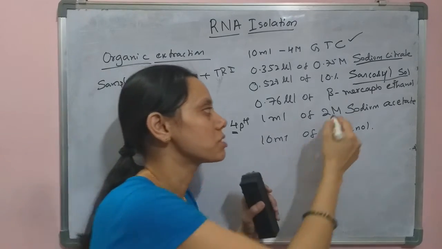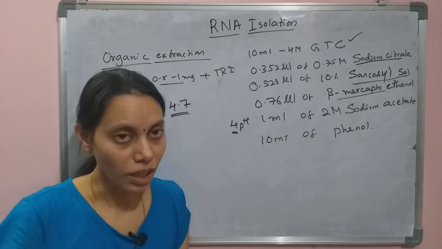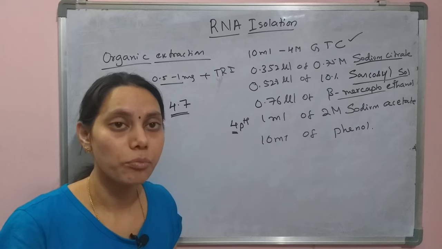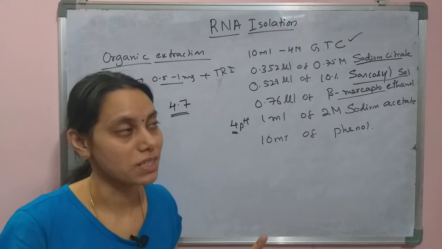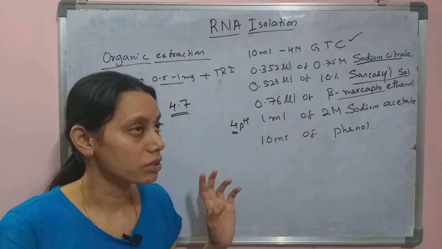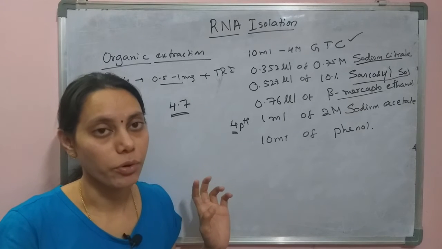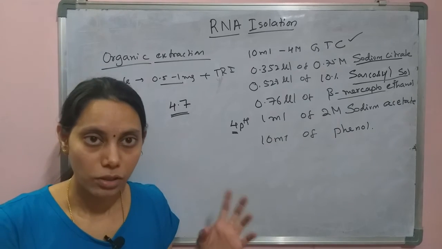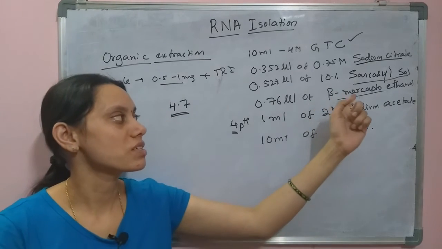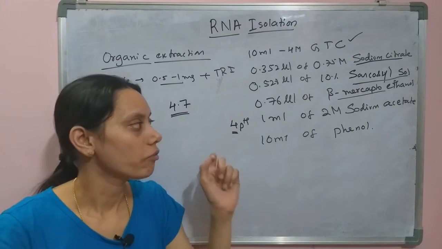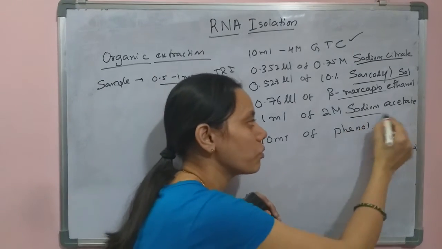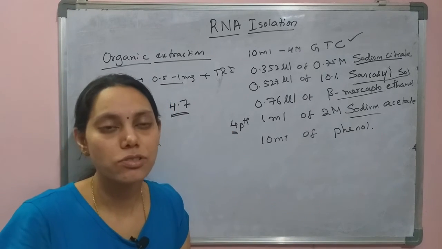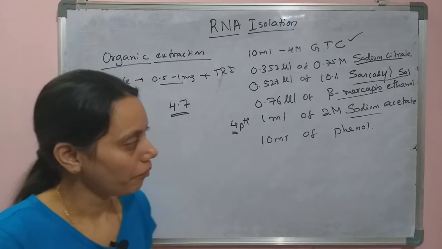And here we also use beta mercaptoethanol. As we all know, beta mercaptoethanol has the property of treating proteins in higher configurations: the disulfide bridges between the different domains of the proteins will be broken down. Sodium acetate is to maintain the pH, and phenol is to treat the proteins.